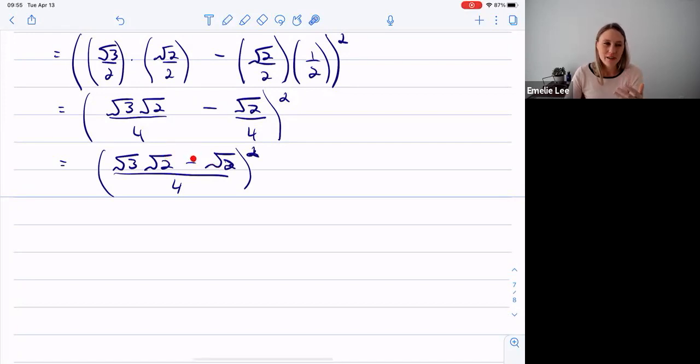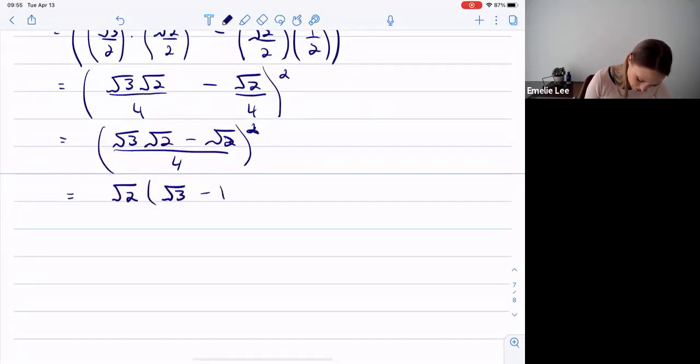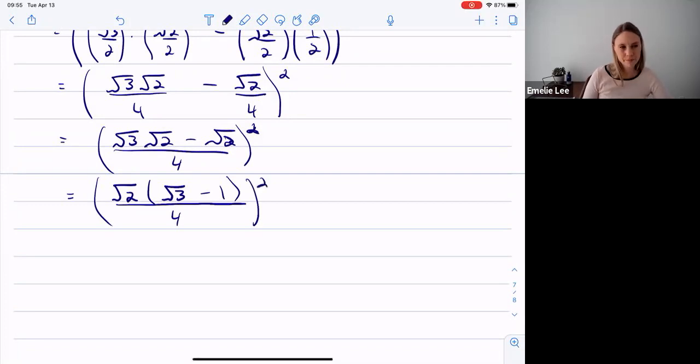I'm going to simplify this, right? So I can pull out a common √2, it looks like. So this becomes √2 times √3 minus 1 over 4, and then I need to square that. As long as I'm multiplying and dividing in here, I can treat the √3 minus 1 as one thing.